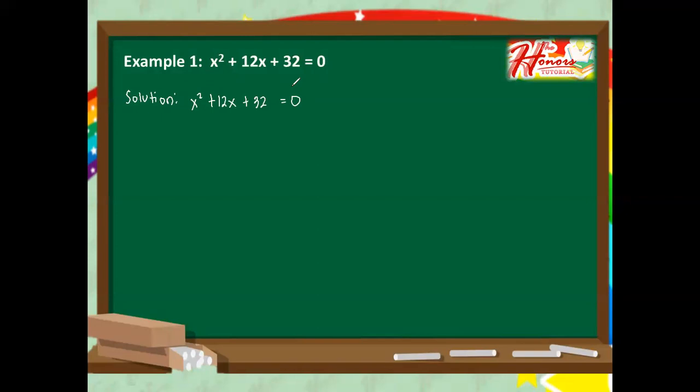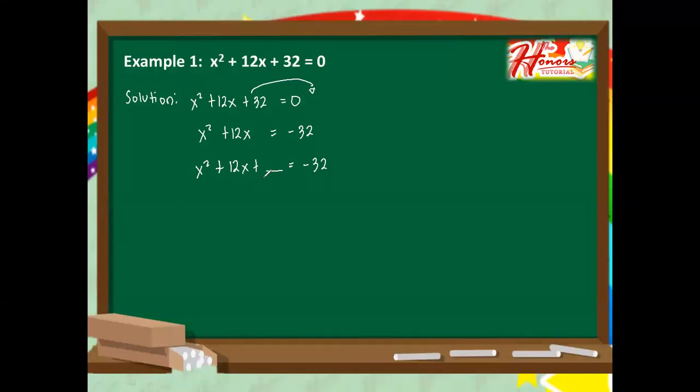So therefore, it will become x squared plus 12x equals, transpose this, it will become negative 32. And then don't forget that we will add a blank here at the third term of the left side of the equation. Then it will become x squared plus 12x plus blank equals negative 32.